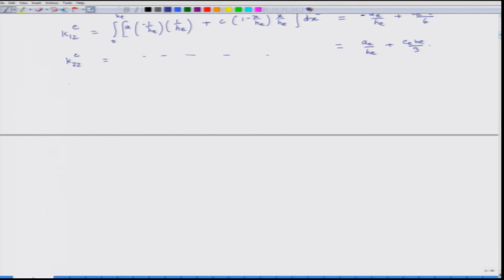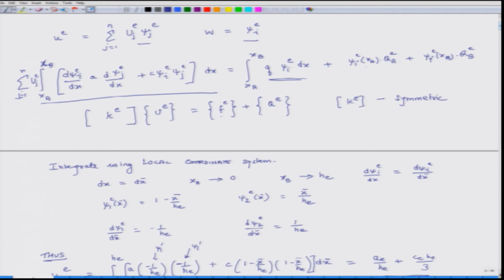So, F1 e is equal to the integral of Q times psi 1 dx bar from 0 to h e, and if I do the math, what I get is Q e h e over 2, and F2 e is also Q e h e over 2. And finally, we are going to compute these terms.